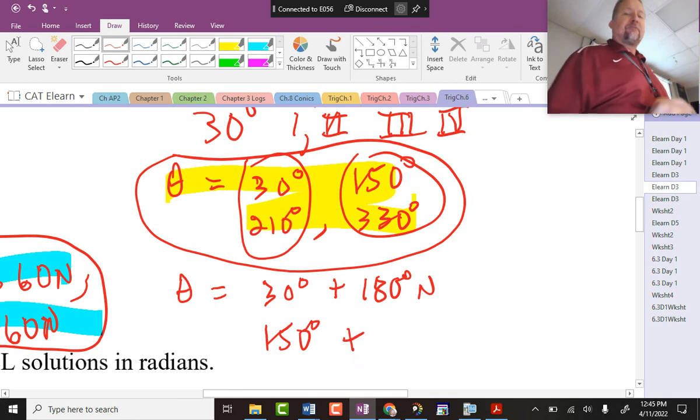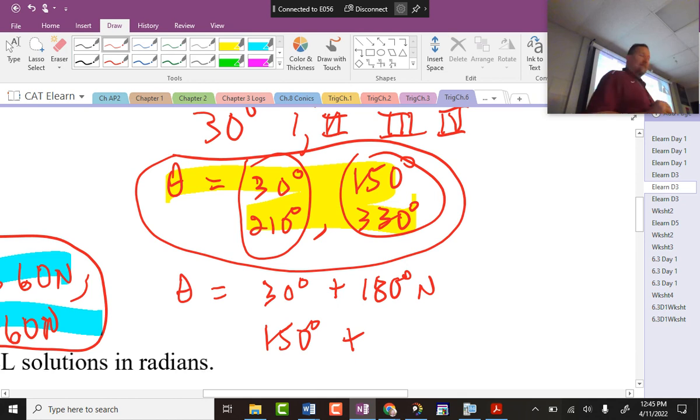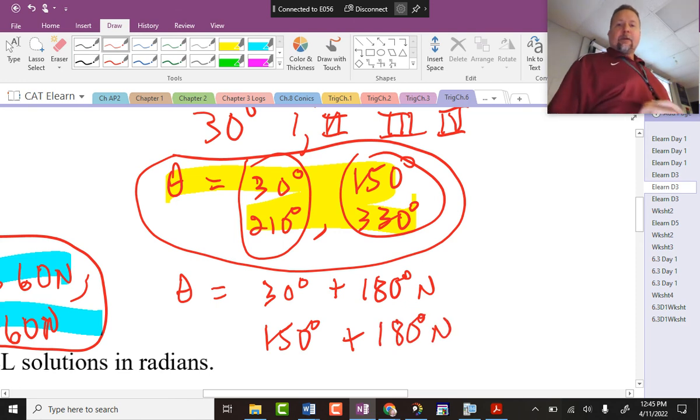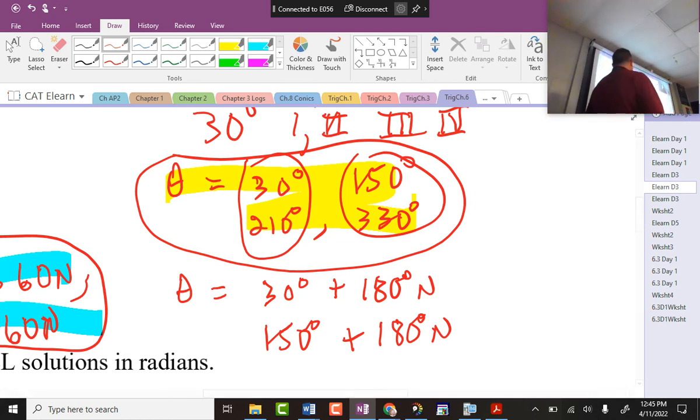Oh, how far is 150 and 330 actually? It's the same number as how far 30 and 210 are away. Oh, 180. Okay, I was just trying to assess why you said that. All right. So that is all answers.